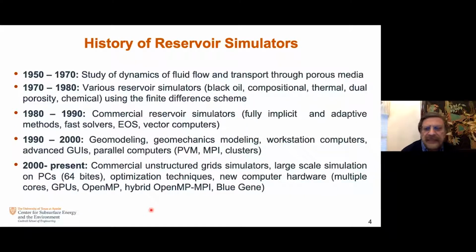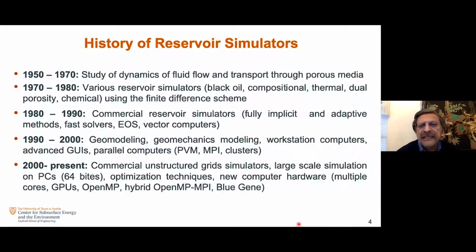A very quick background on development of simulators, which goes back over 60 or 70 years. Some of the work done between the 50s and 70s was basic work in this area, such as development of the transport equations through porous media.